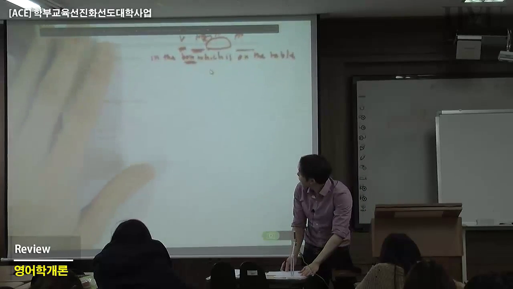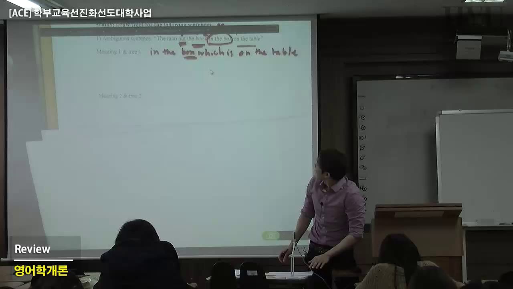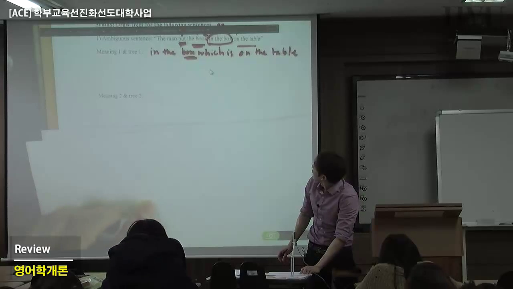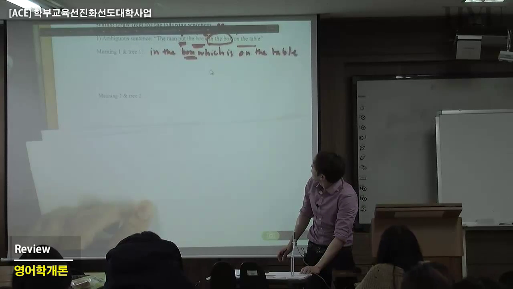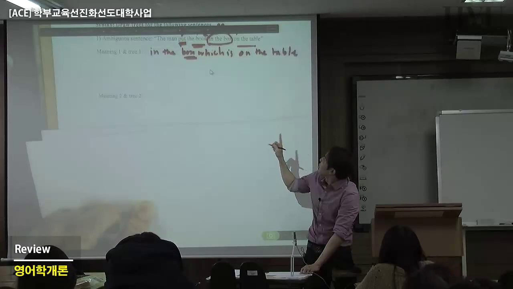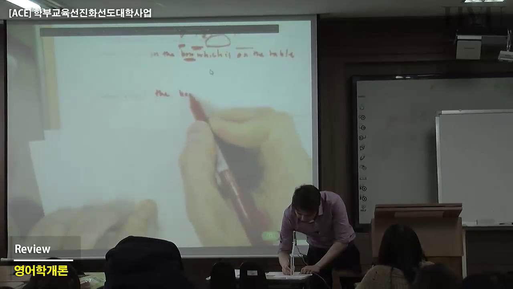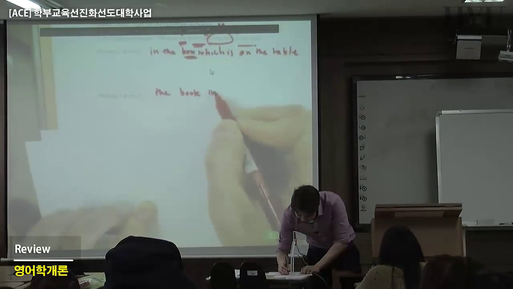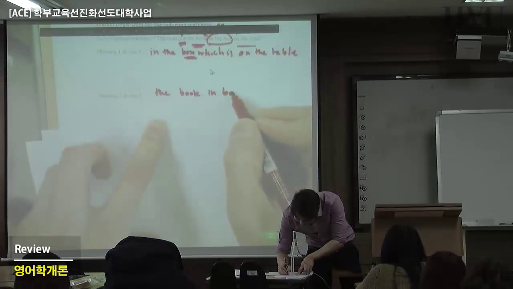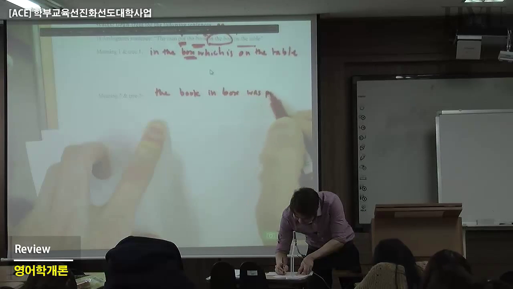Meaning 2 is the book in the box was put on the table. The book, right? It's not the box in the books. The book in the box was put on the table.